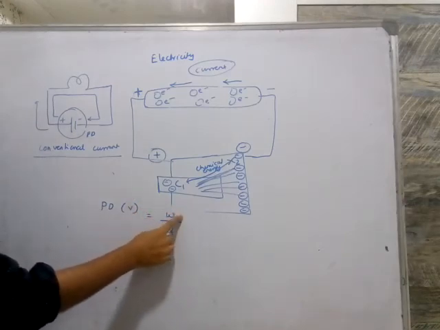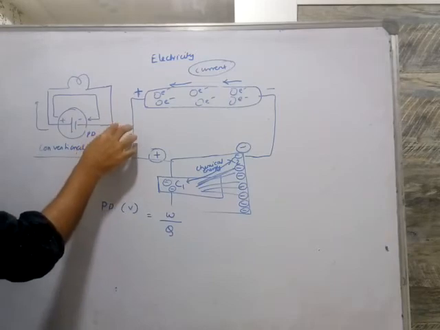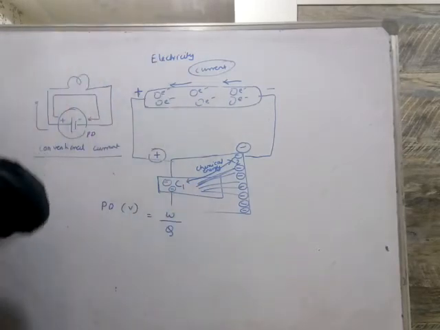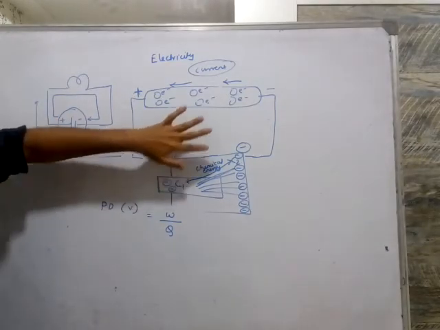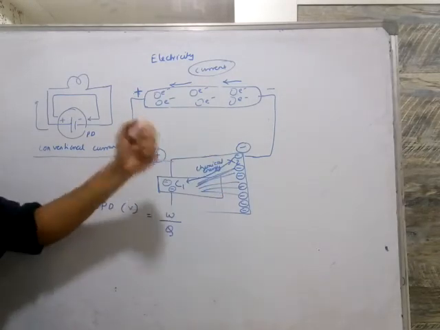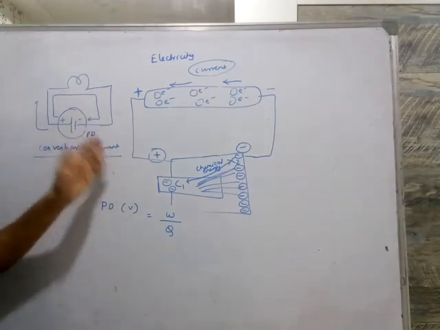So the work done in bringing the charge from one point to another keeps on flowing until when? Till the chemical energy is used up. Once the cell is used up, the chemical reaction gets over, and the flow will stop.